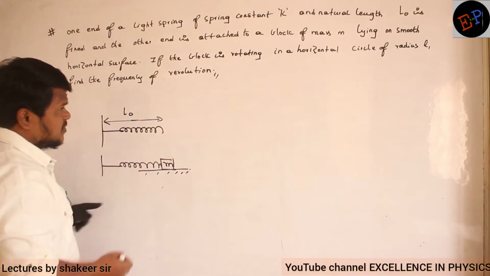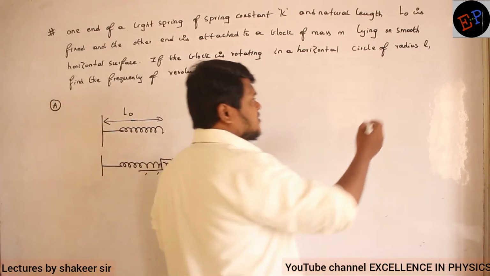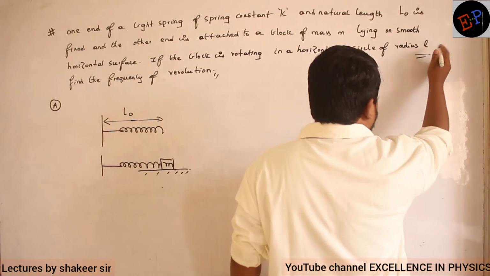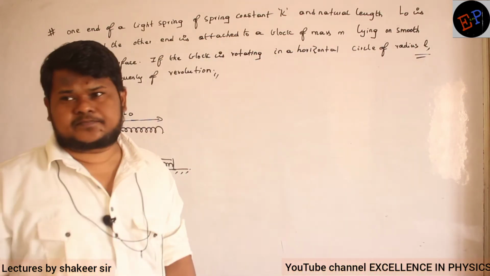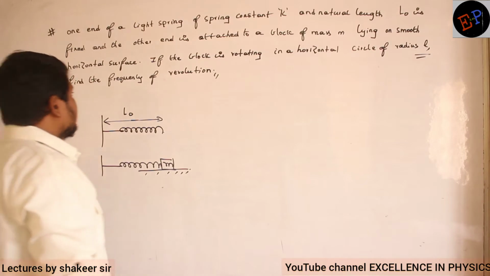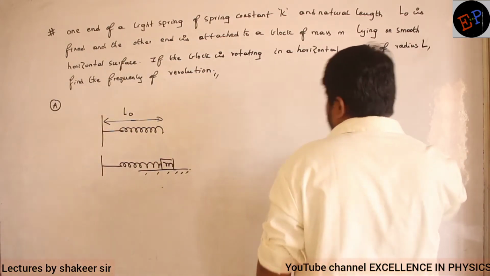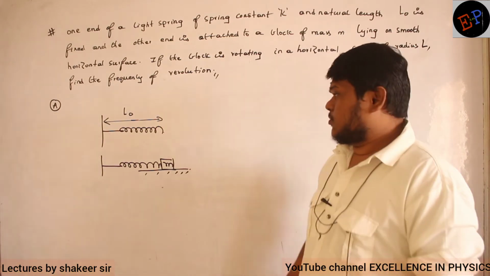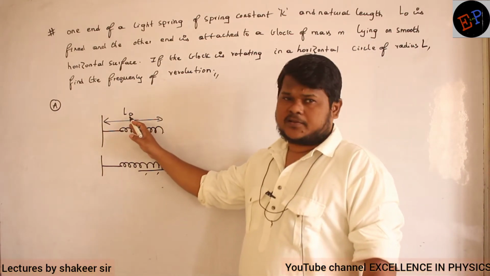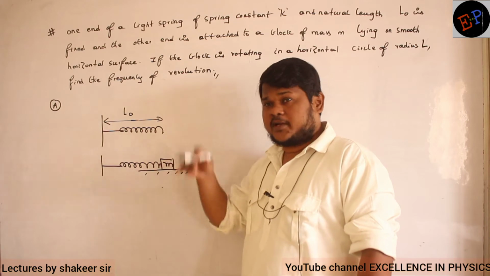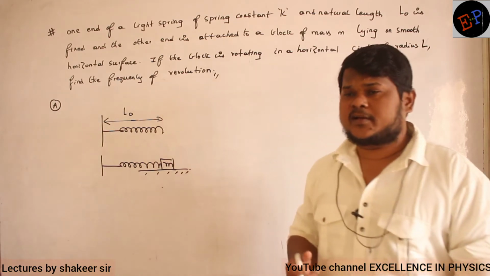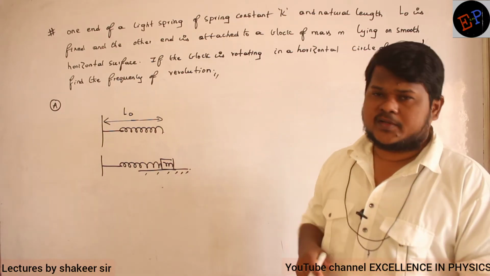The radius of the circle, let it be capital L. The original length of the spring is L naught, but when we started rotating, the radius of the circle created is L.